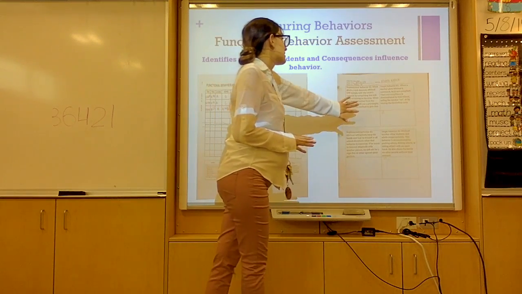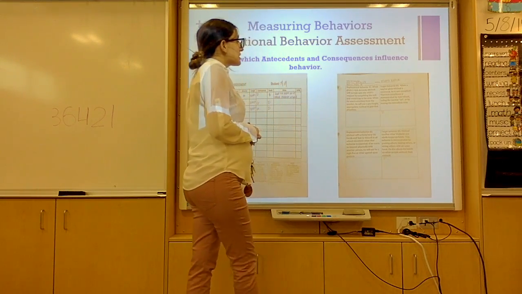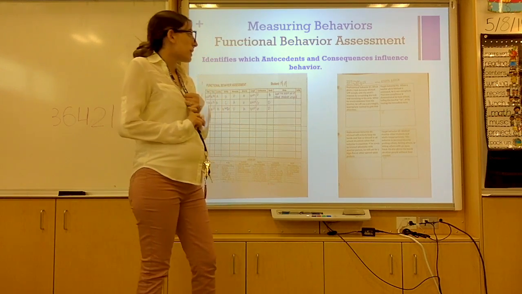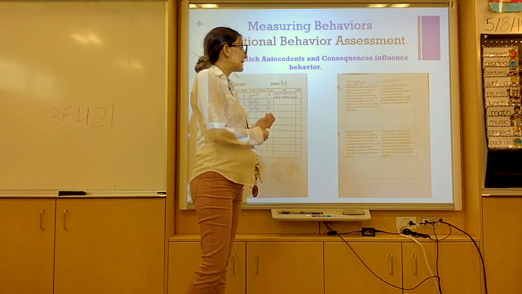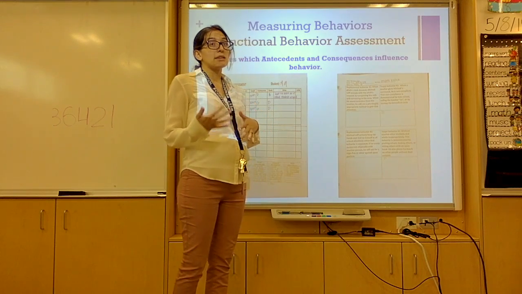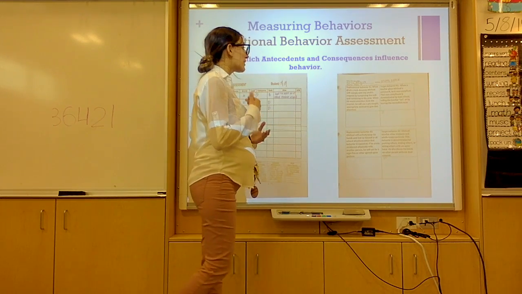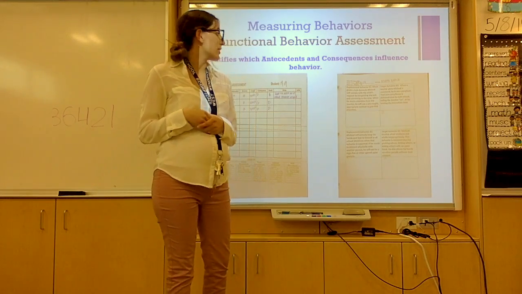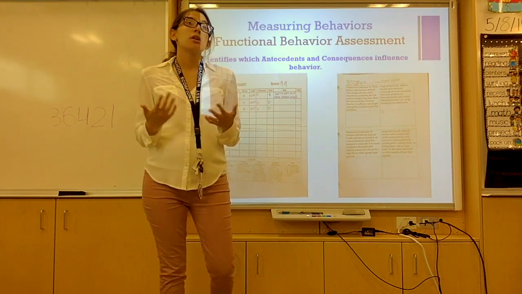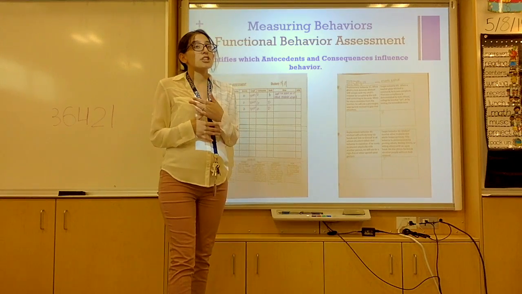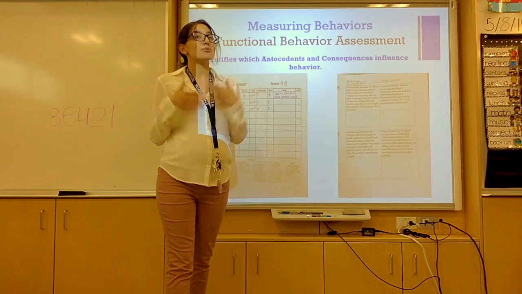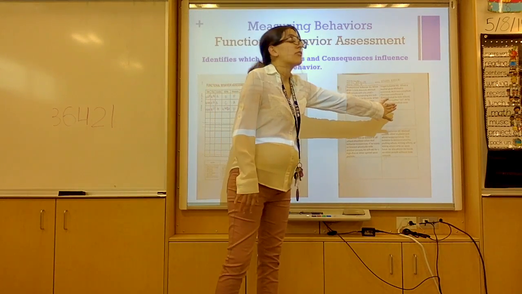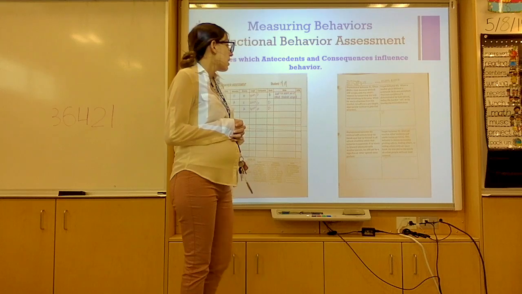So one of the replacement behaviors was when given a demand, the student will comply with the adult's request by completing the task and remaining in the area. When he wants attention from his teacher, he will use a pre-taught method to gain that attention. So if he wanted some attention, whether good or bad, he needed to use that strategy with me in order to refrain from the non-compliance.